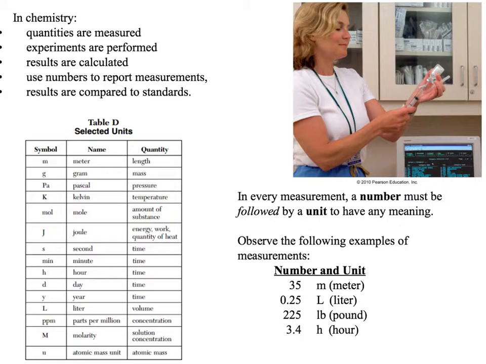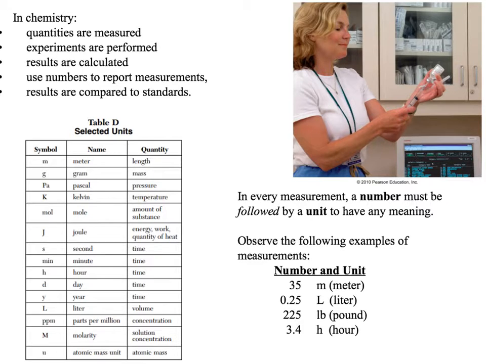Chemistry, like most other sciences, involves experimentation. When we carry out experiments, we have to measure the quantities of matter or material that we use. We're going to calculate results and compare those numbers to known numbers or to our hypothesis.